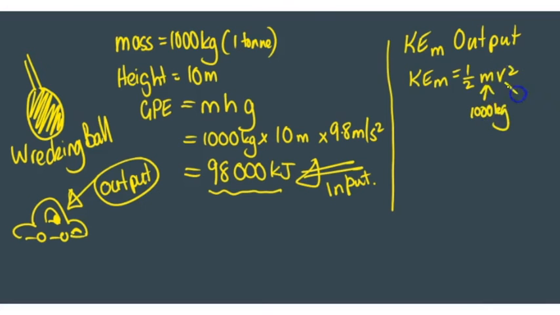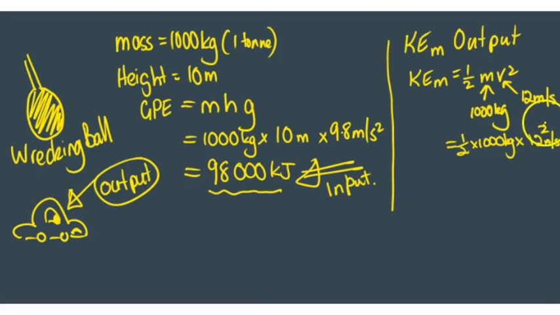Velocity, we just need to take out a little speedometer, and let's say they measured it and found that it was going at 12 meters per second when it hit the car. Let's put that into our equation. That is a half times 1,000 kilograms times 12 meters per second squared.